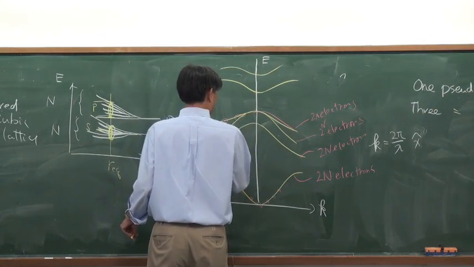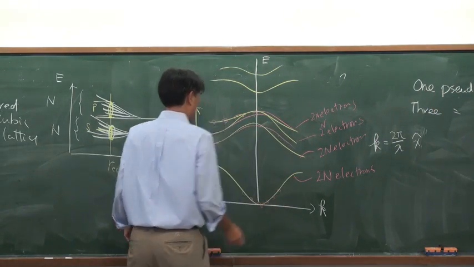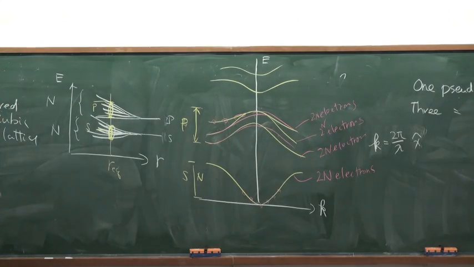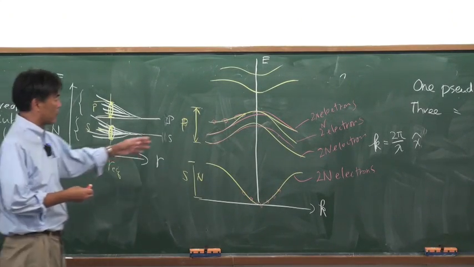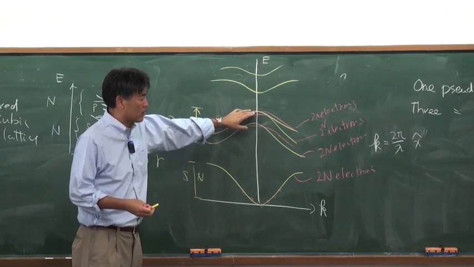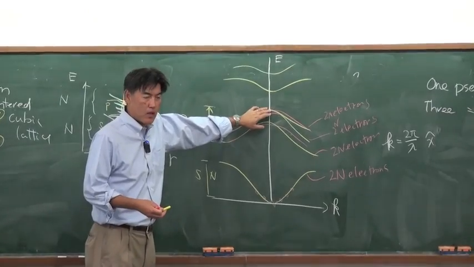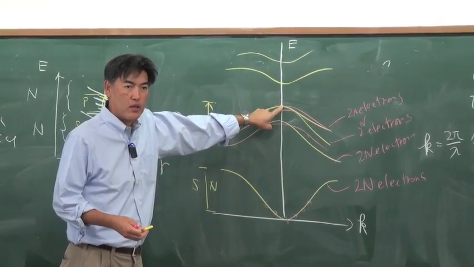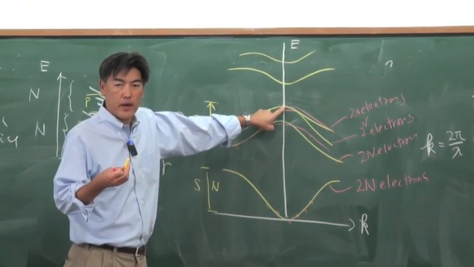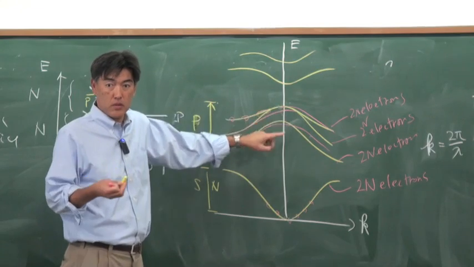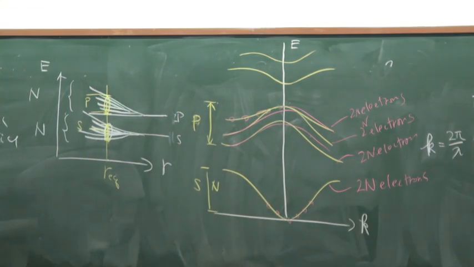So after completion of filling up to the top energy points here, we actually ran out of electrons, because there are already 8n electrons. By the way, you're welcome to ask questions if you have anything in between. Okay?